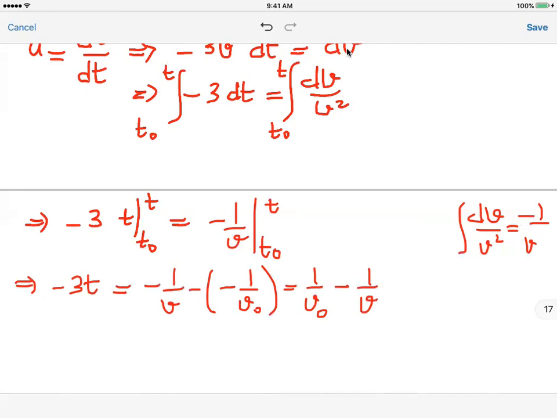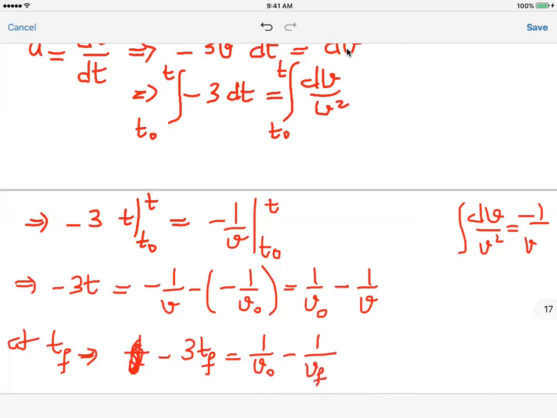If you are looking at the time t final, let's start with the right hand side. Minus 3 t final is equal to 1 over v0 minus 1 over v final. But don't forget that v final is equal to v0 divided by 2.